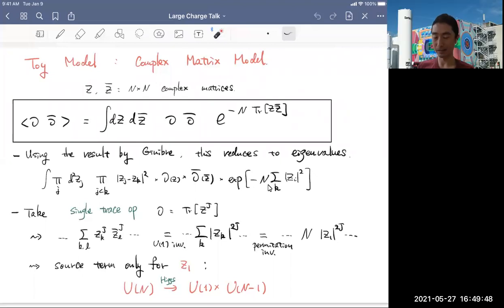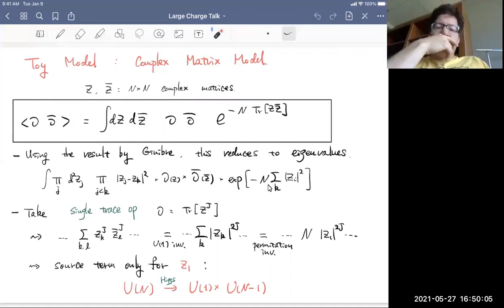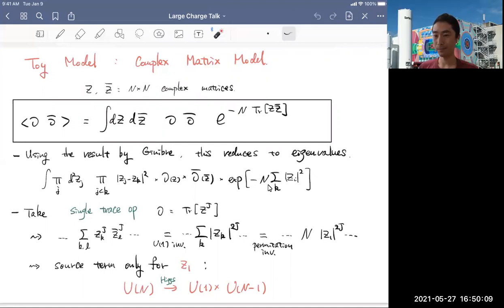Yeah, entries of the diagonal. You can make Z upper triangular and Z bar lower triangular, if I remember correctly, and then integrate out other parts. This simple expression doesn't work if, for example, the insertion of the operator contains both Z and Z bar. It's important that it is always holomorphic in Z.